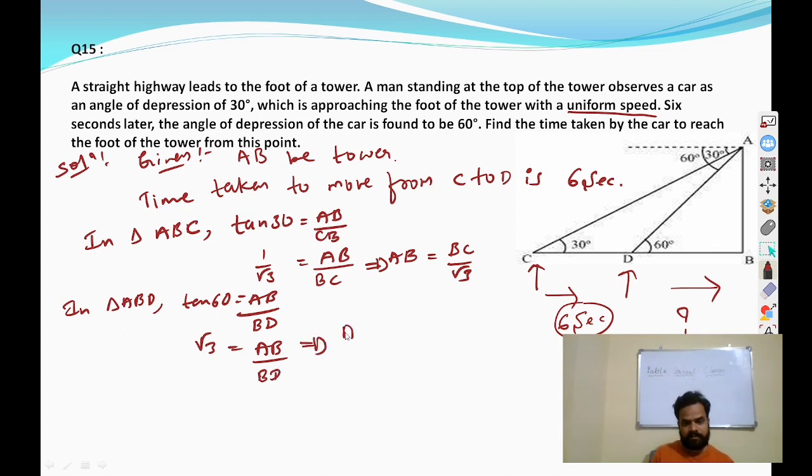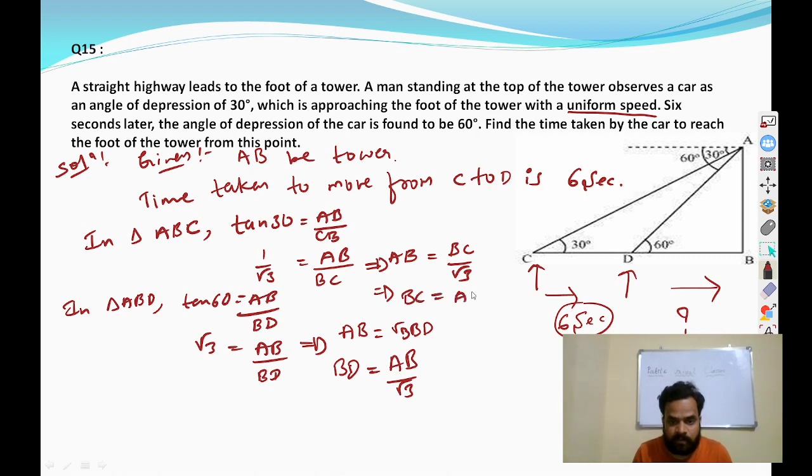This implies AB is equal to root 3 BD, or BD is equal to AB by root 3. This is the distance BD. This implies BC is equal to AB root 3.